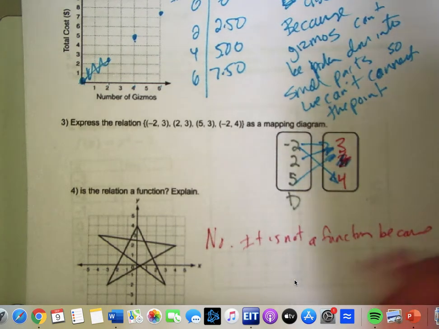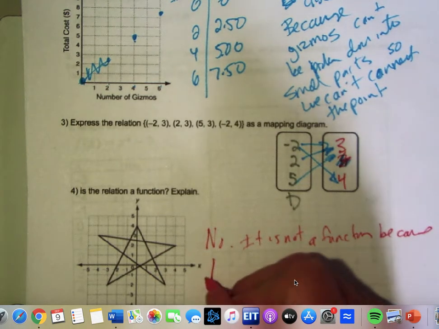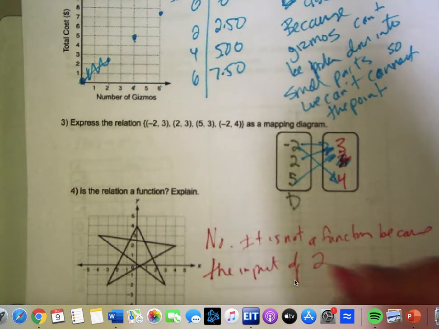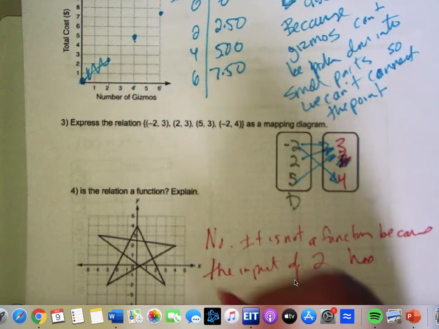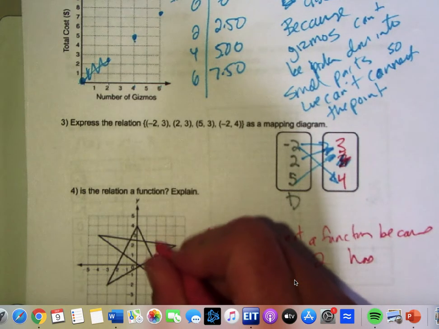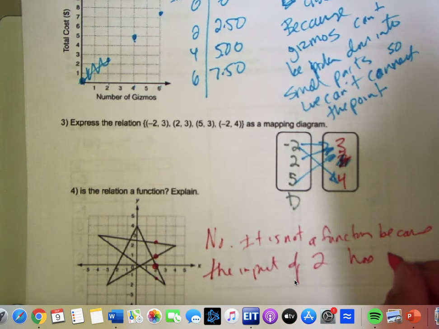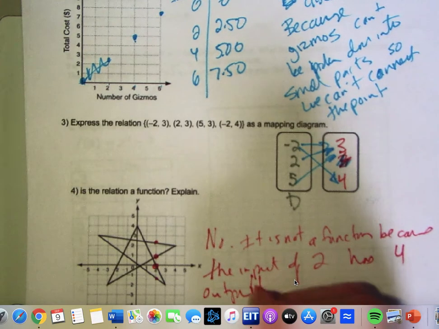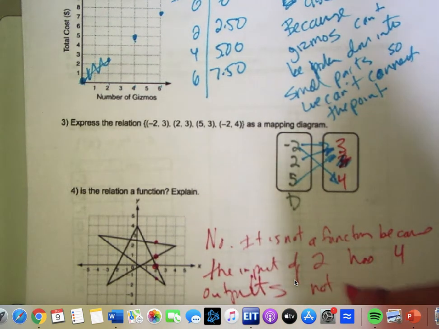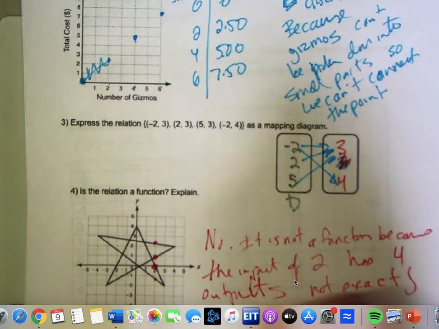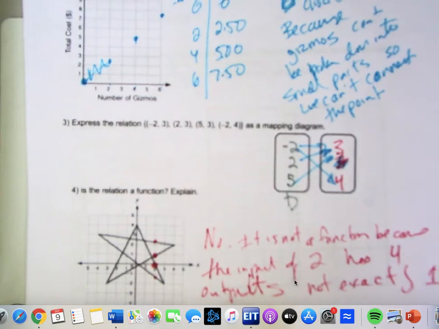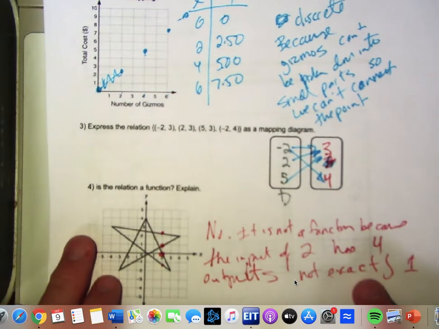Because, to give you an example, the input of 2 has 4 outputs. Not exactly 1, right? Each input, each member of the domain, can only have 1 member of the range with it.